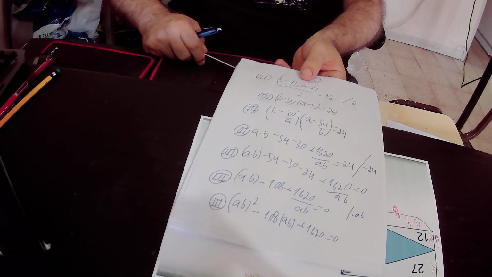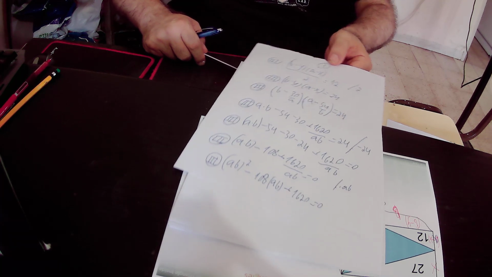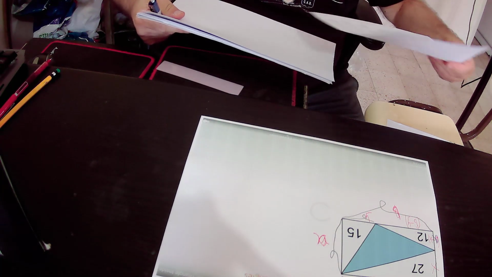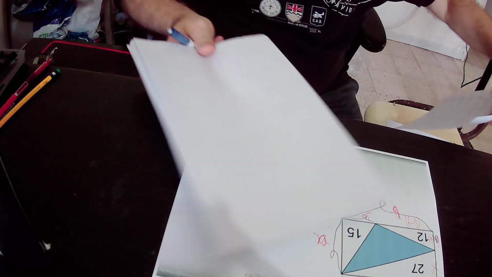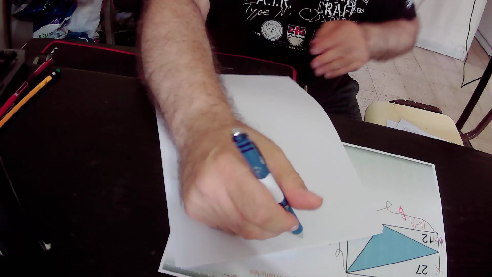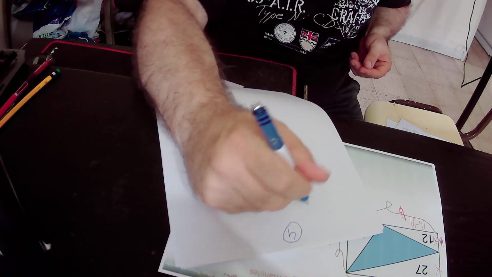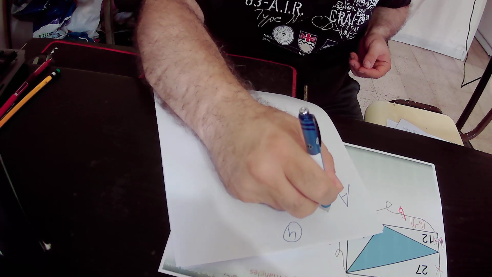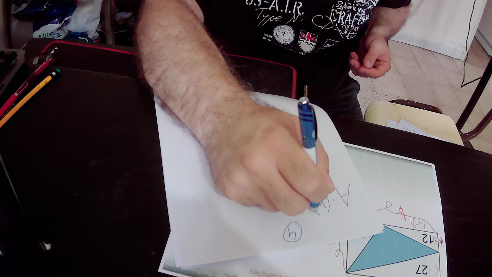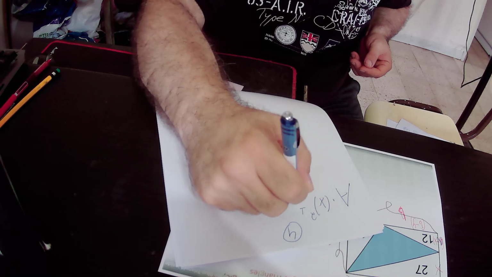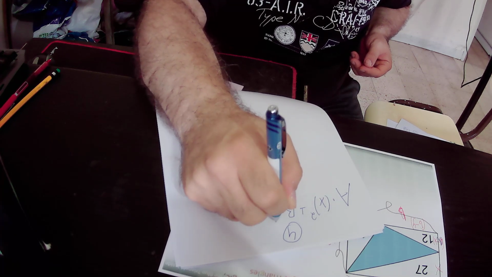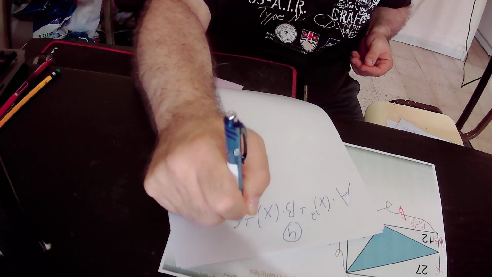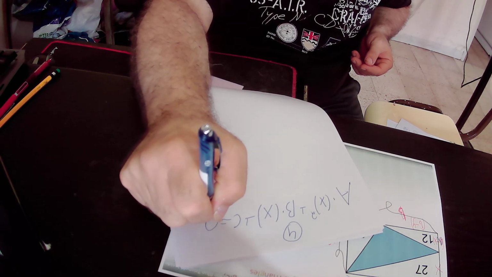Actually, the general formula of a quadratic equation is A times x squared plus b times x plus c equals 0.